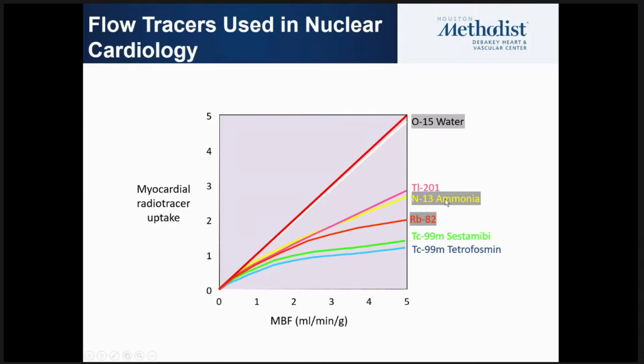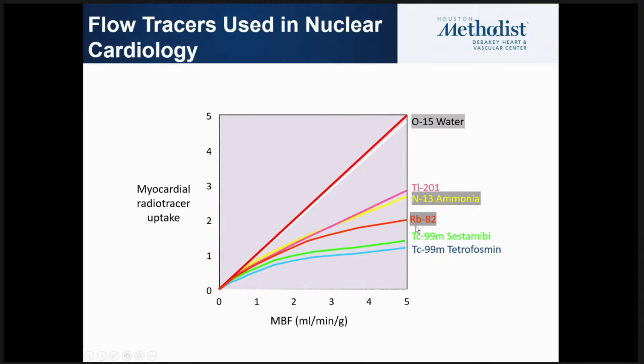While N13 ammonia and rubidium 82 roll off at higher levels, the myocardial radiotracer uptake may not be in a linear one-to-one relation, but there are ways to account for it and try to adjust for it.